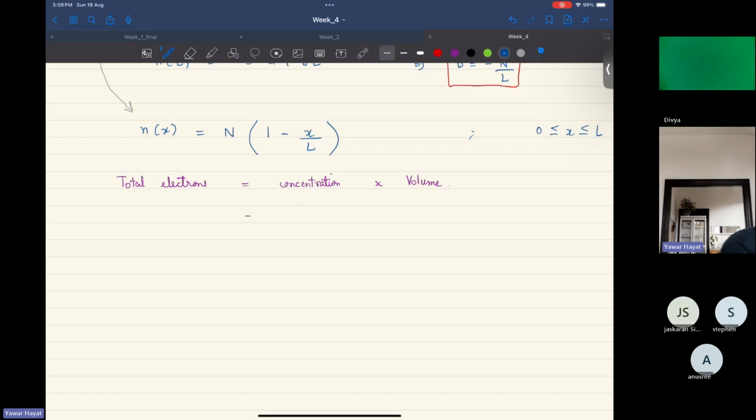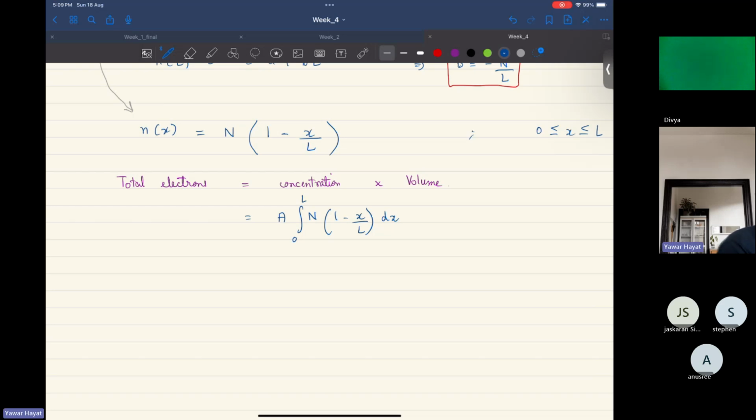And this is equal to A integral 0 to L n times 1 minus x by L dx, right?